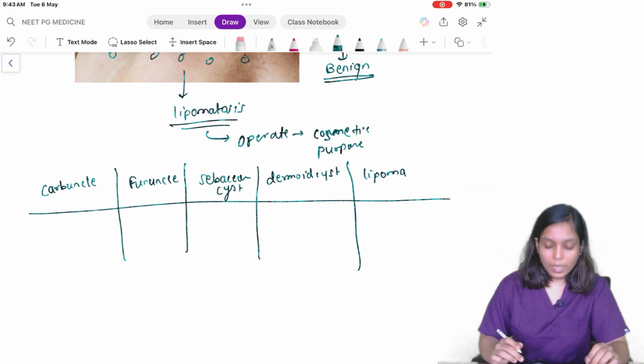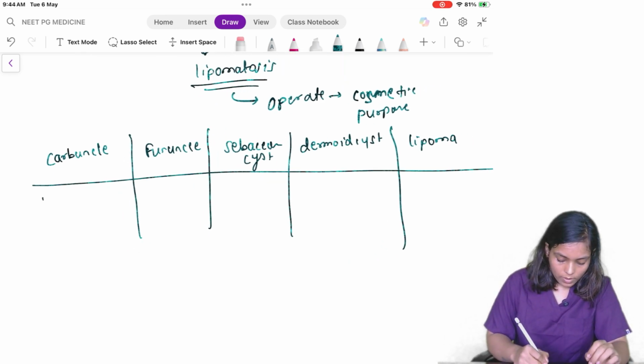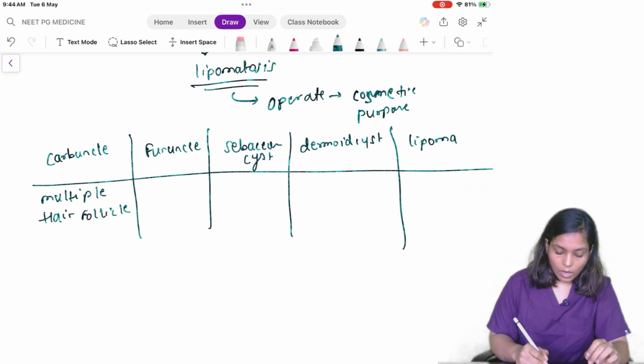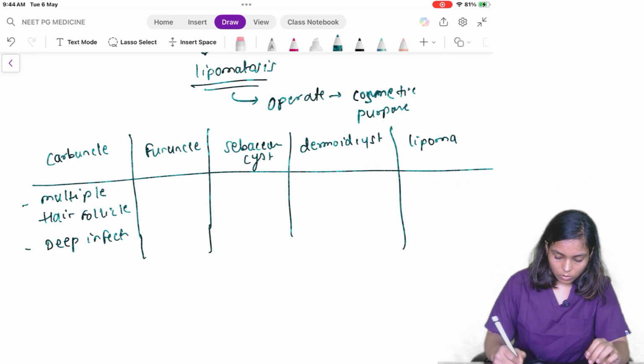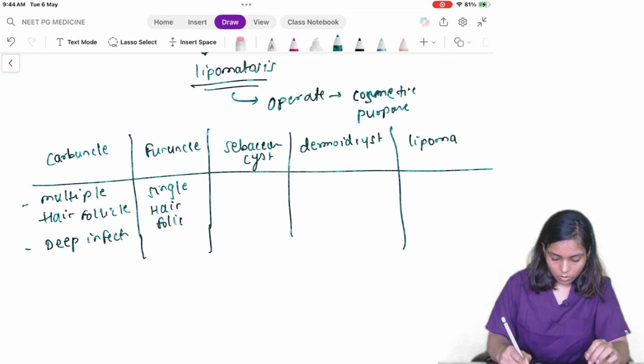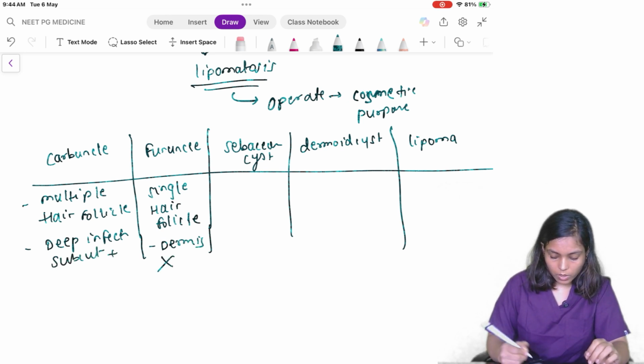No. Carbuncle involves multiple hair follicles and it is a deep infection. Furuncle involves a single hair follicle, and it involves only the dermis, not the subcutis. The subcutis is involved in carbuncle.